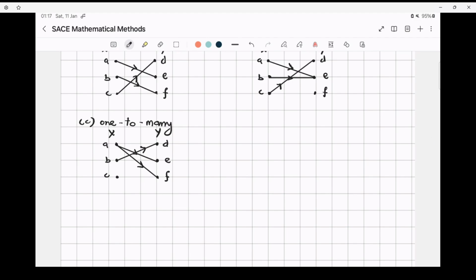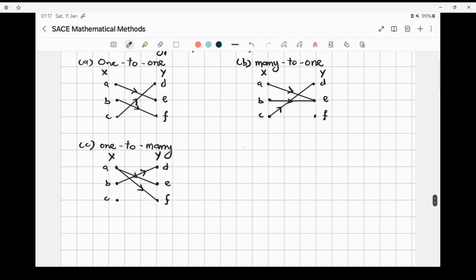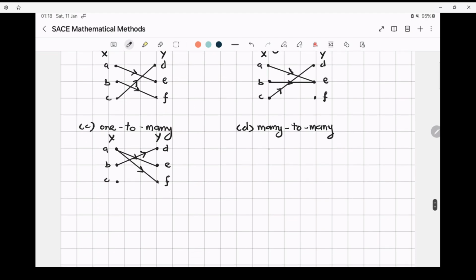The last one, which is d, will be called many-to-many. You already know by the name, many-to-many basically means a combination of many-to-one and one-to-many.